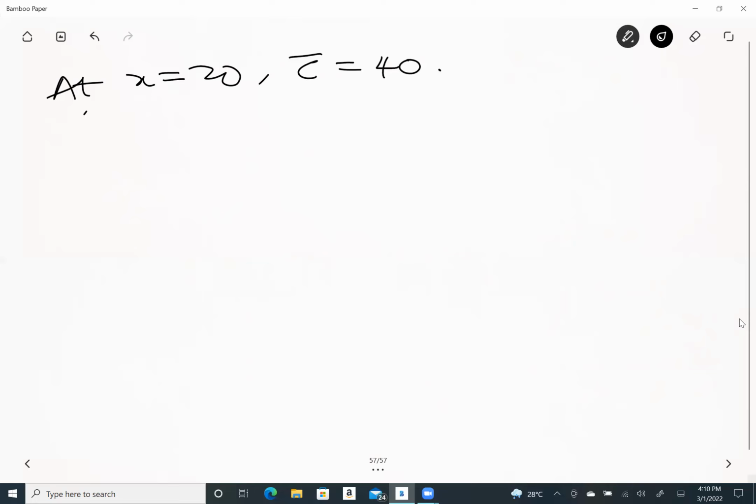So you substitute into C bar to find k, because we are not given x equal to 0. You're given 1 point, so make use of that point, whatever it is. Here you're given x equal to 20, and the value of the dependent variable is 40.